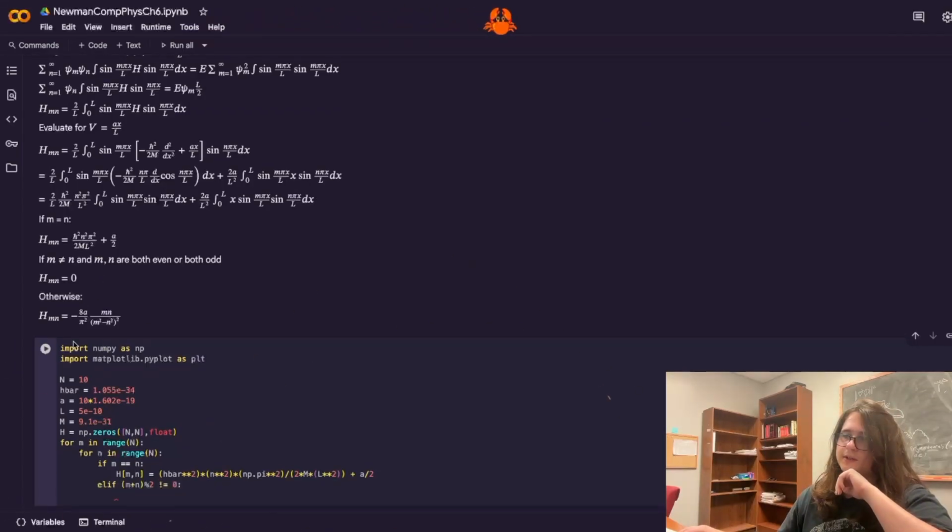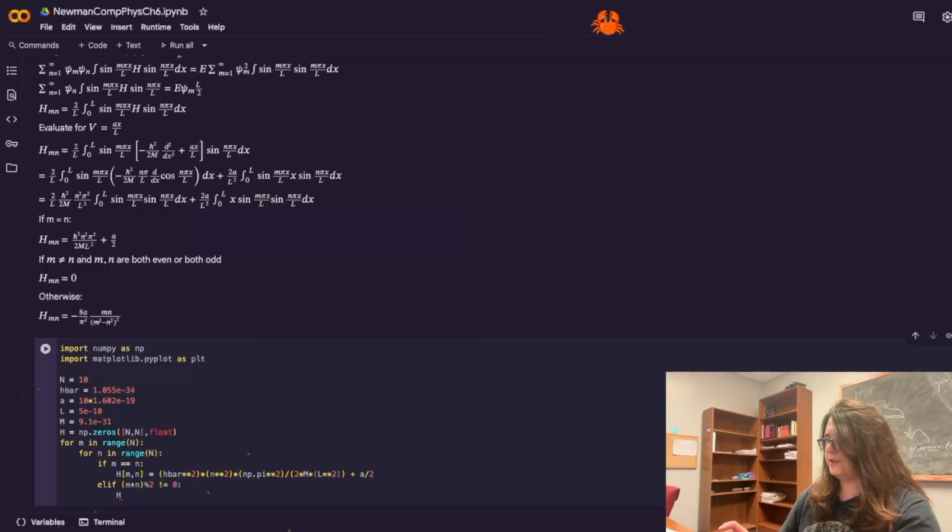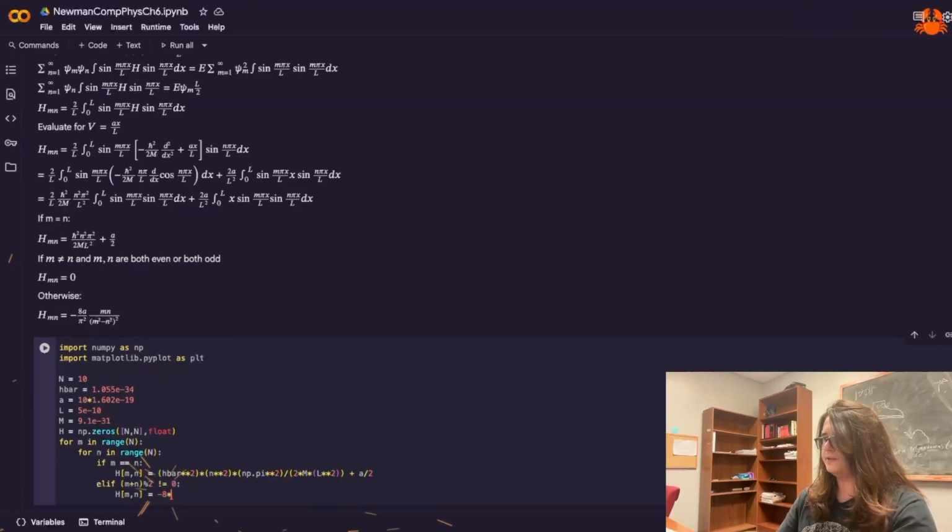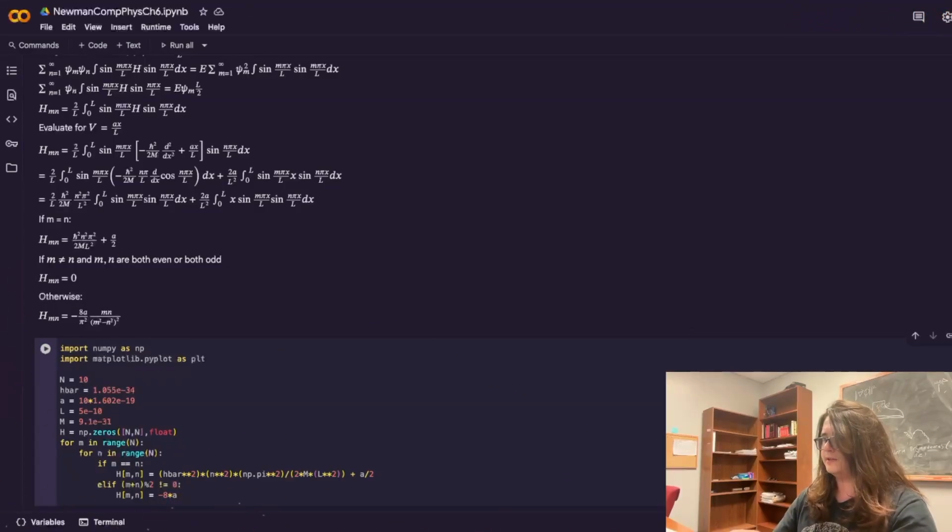Then you can put in this analytical value for h indexed m comma n, right? And that's going to be minus 8 times a times m times n divided by numpy pi squared times, and I better put this in parentheses, otherwise the feds will get me.